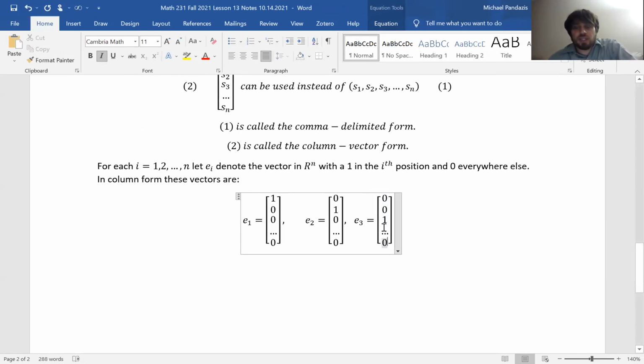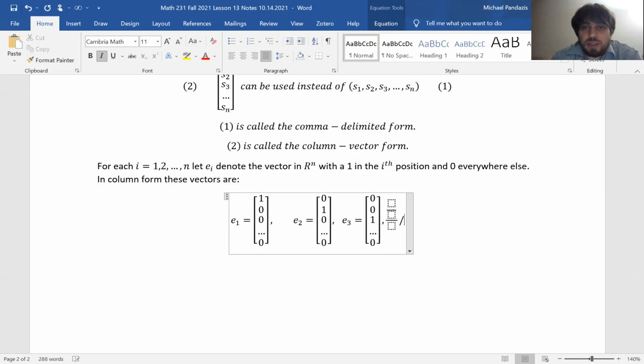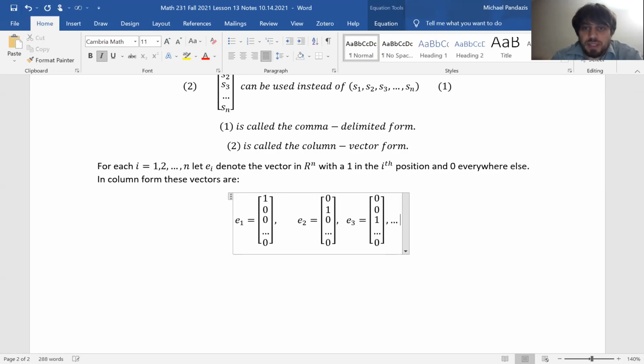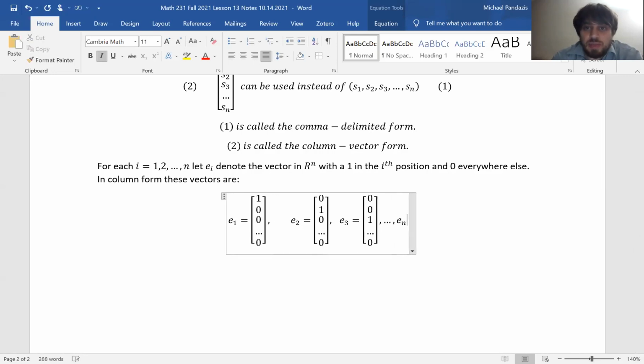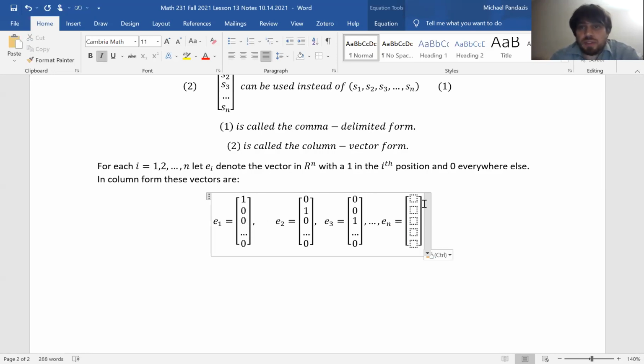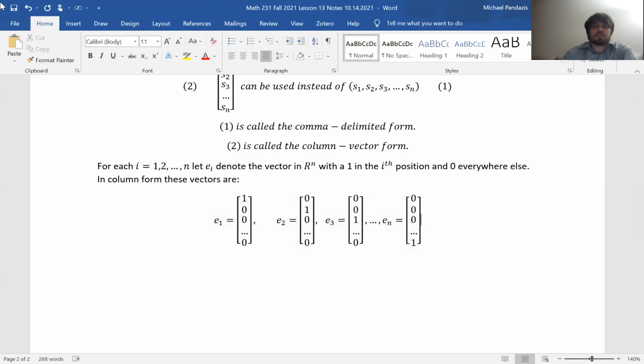The dot, dot, dot is just saying the zeros everywhere else before the last one. And then e sub n has zeros everywhere else, except the nth one is a 1.